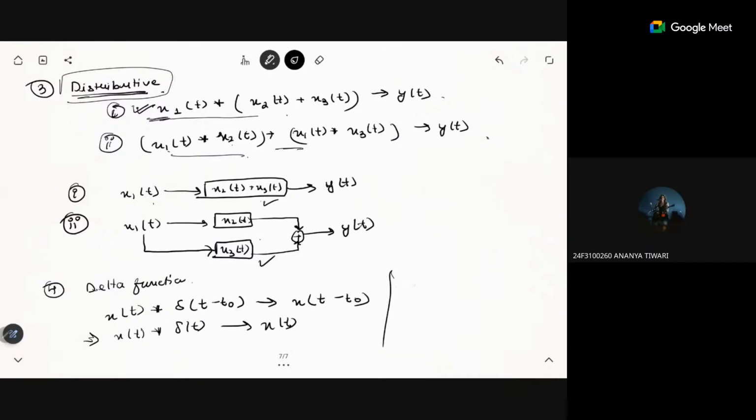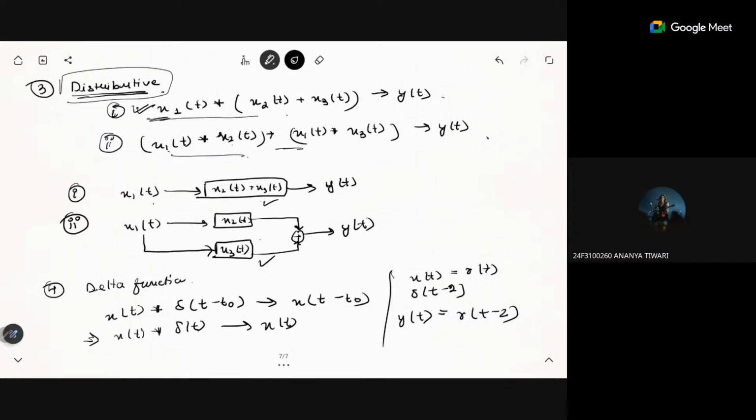Just tell me quickly, if x of t is my ramp signal r of t, and the impulse response is delta of t minus 2, what will be the output without any convolution? x of t convolved with delta of t minus t naught will give? r of t minus 2. Correct.